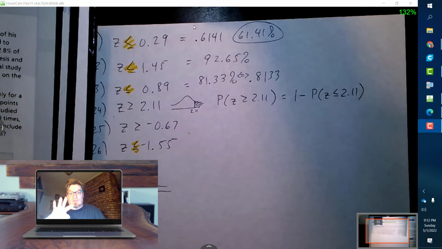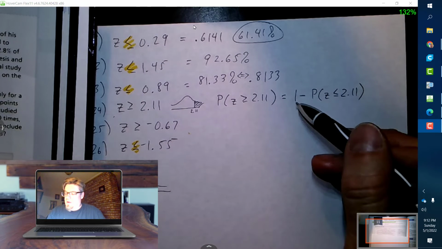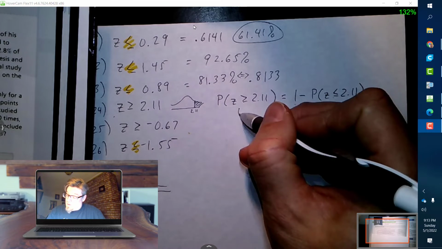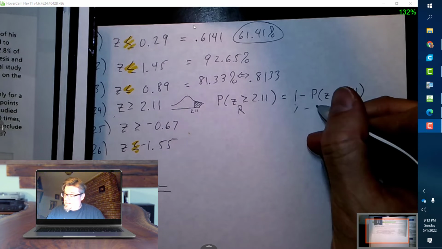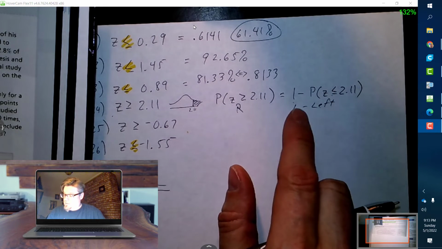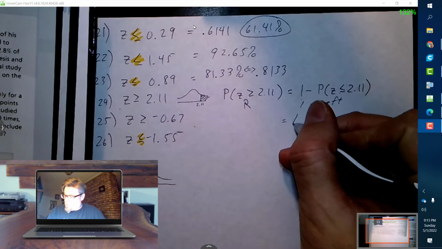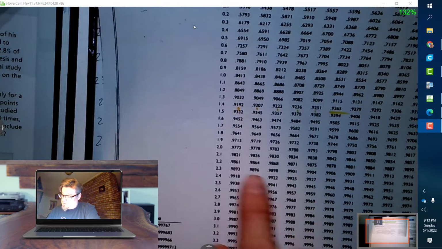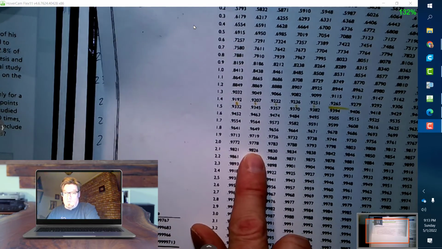What we've done is we've turned the tables, okay? Let's start with 100% and then subtract what's left. So this is the right of the curve if you took 1 minus the left of the curve, okay? And 1 meaning 100%. So you go ahead and do 1 minus whatever z is less than 2.11. 2.1 is here, 2.11 is here.